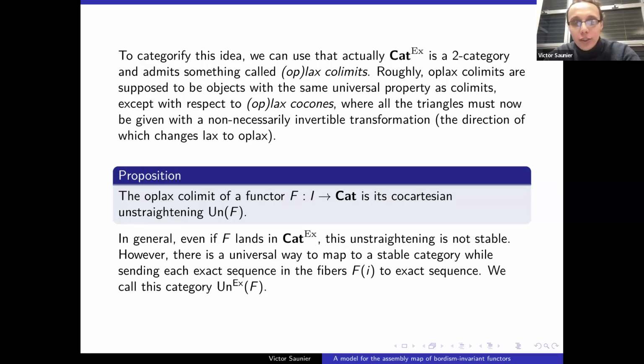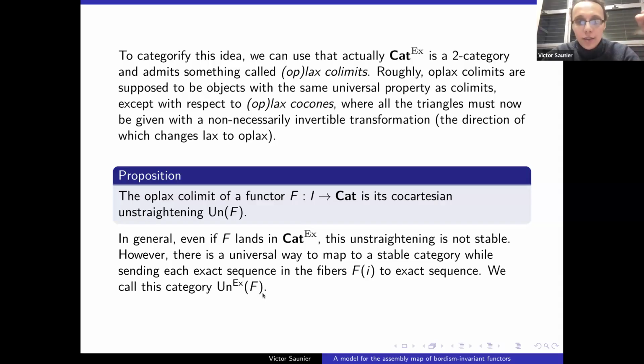You can always force it to be stable in a way that will make it the oplax colimit, which is to force the inclusion of the fiber to stay exact inside of UNF. Each fiber is a stable category, and I want all the exact sequences in there to stay exact sequences in whatever the oplax cocone is. And I'm going to give a name to this oplax colimit of f in the stable world. It's Unx of f, this guy at the bottom here.